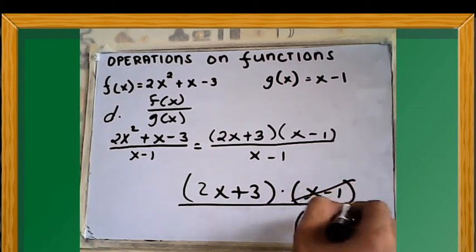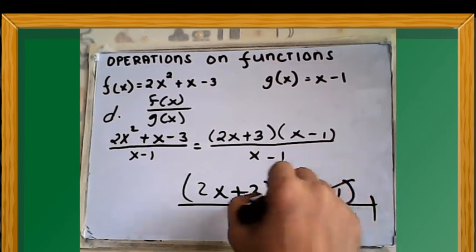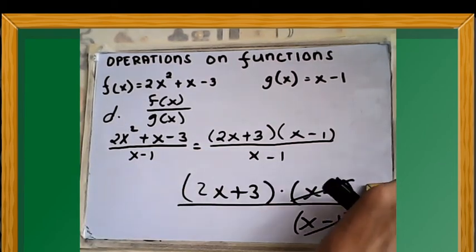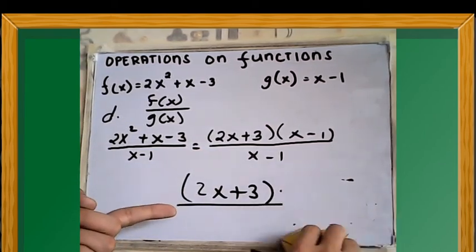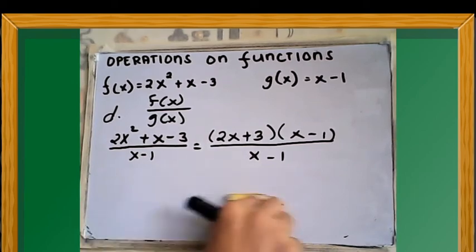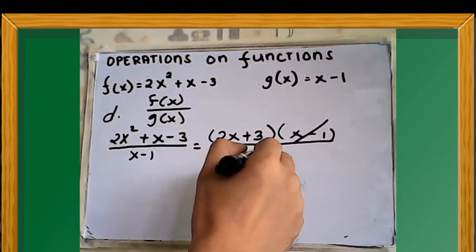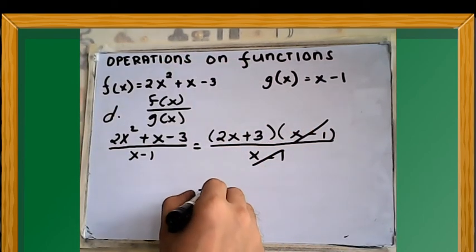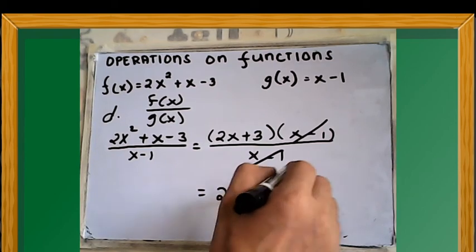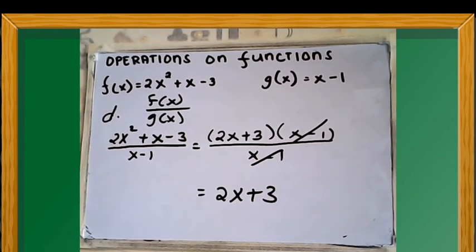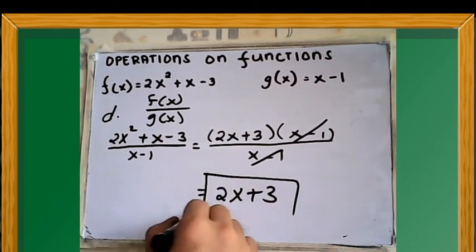So pwede natin i-cancel to at gawin natin 1. Since 1 siya, pwede natin itira lang ito. So ang mangyayari, i-cancel natin to, ang matitira is 2x plus 3. So this will be our final answer.